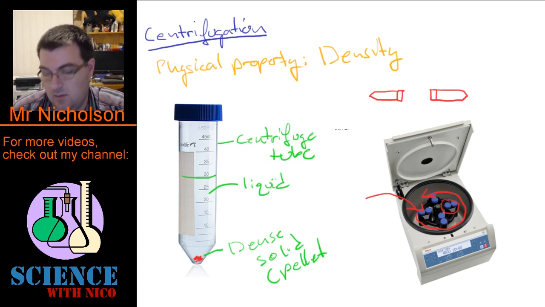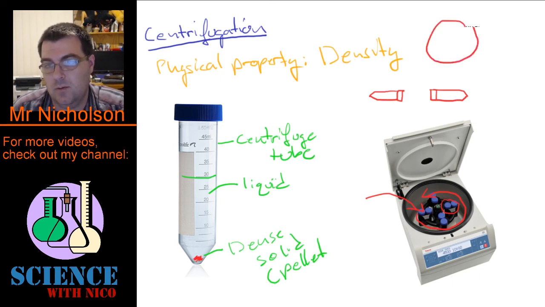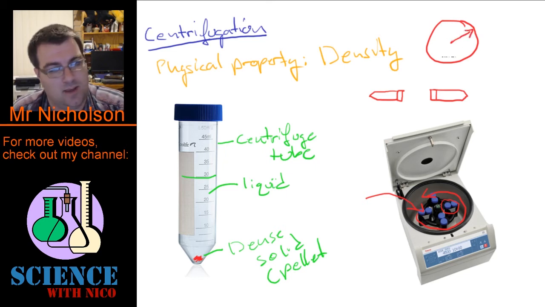When something is being spun around in a circle, like so, from the center of the circle it experiences a centrifugal force pulling it to the outside. That means the particles inside these centrifuge tubes experience a net force pulling them towards the bottom of the tube, which is why the tube is pointed at the end.